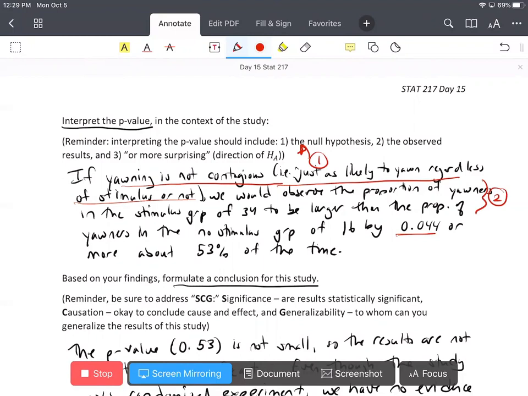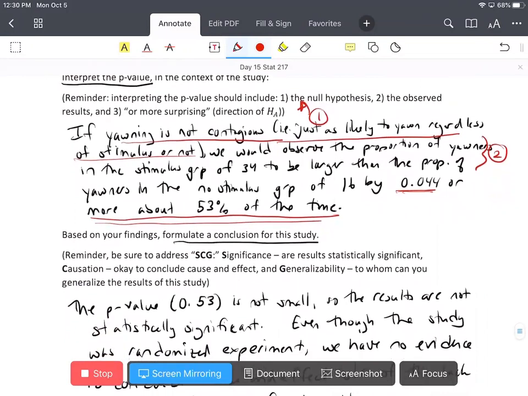Looking at that, I didn't put in "or more surprising." Well, yeah, we tell you when it's going to happen. I could have said 0.044 or more surprising, about 53% of the time. I just didn't use "surprising" because, looking at the data, it wasn't surprising.